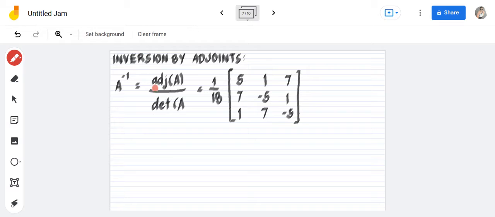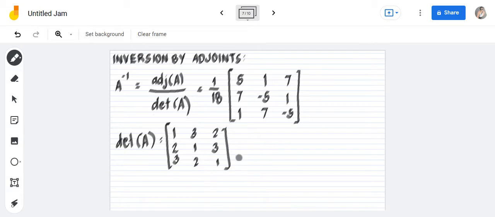From our previous discussion, we know that your inverse is computed as the adjoint of the matrix divided by the determinant of your matrix. For the determinant of A, that's equal to 1, 2, 3, 3, 1, 2, 2, 3, 1. If we compute that, that will give you 18. So this is the determinant.